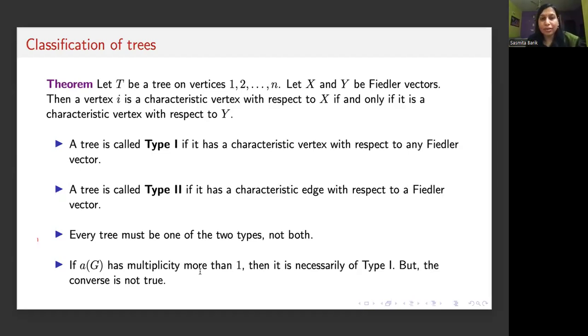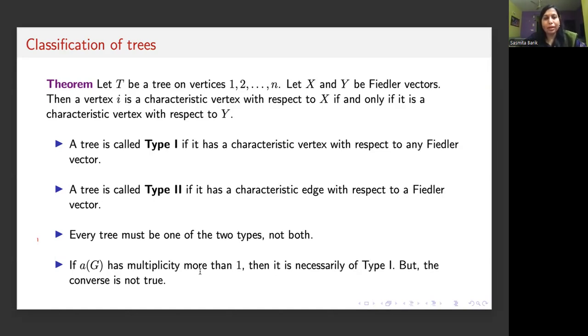For example, look at the path of order 3. The eigenvalues are 0, 1 and 3. The algebraic connectivity is 1, with multiplicity 1.